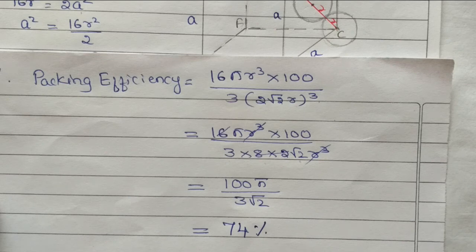Sometimes they may ask you to define packing efficiency and calculate it, so then you have to write the definition of packing efficiency, and that carries 4 marks: 3 plus 1 for the definition. This is also very useful for competitive exam calculations of the edge length, radius or percentage of space occupied. So this is about the packing efficiency of all 3 types of unit cells.